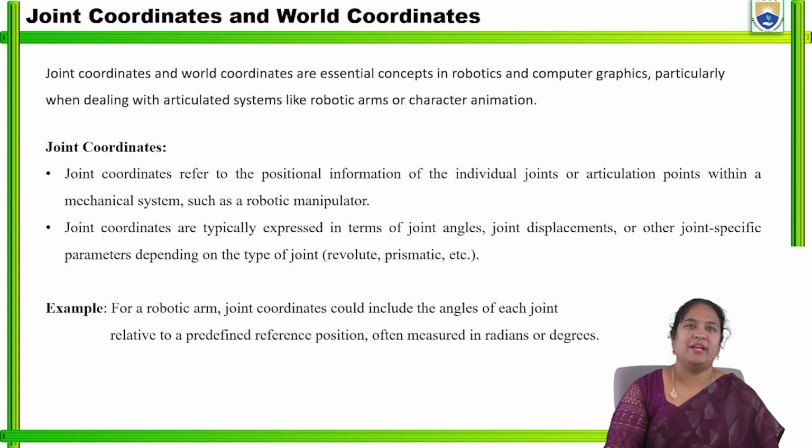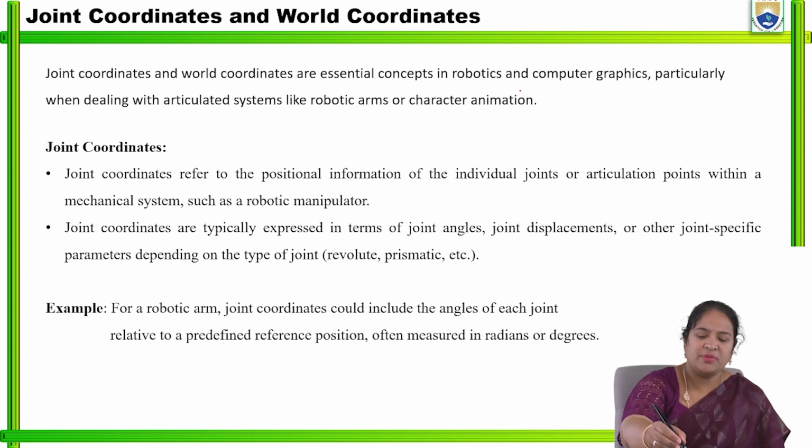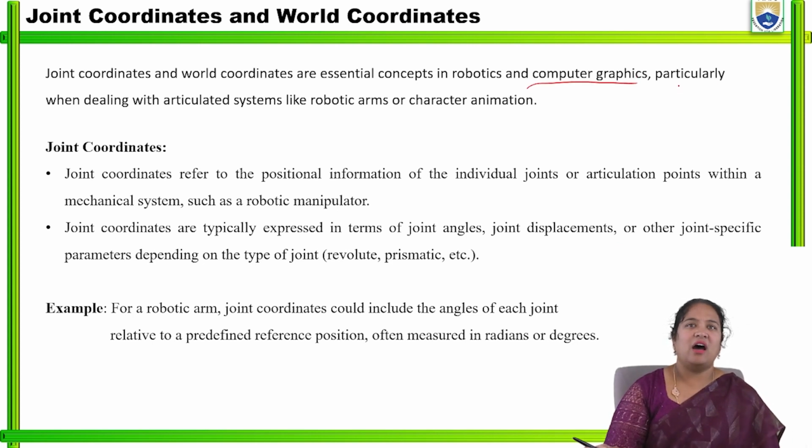What do we mean by the word joint coordinates, or what do we mean by the world coordinates? Joint coordinates and world coordinates are very important concepts in robotics. Generally, these types of coordinate systems are used in computer graphics, particularly when dealing with articulated systems like a robotic arm or animations.